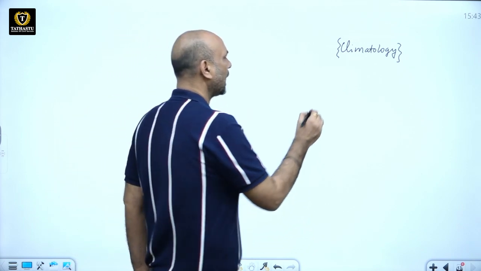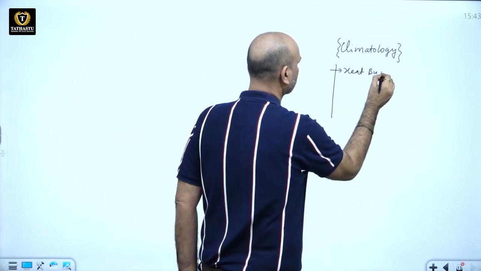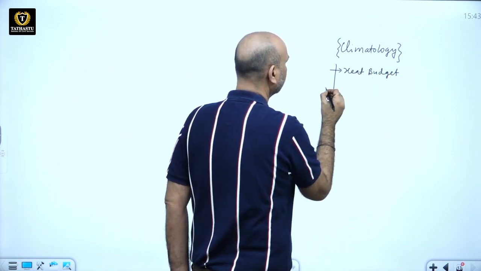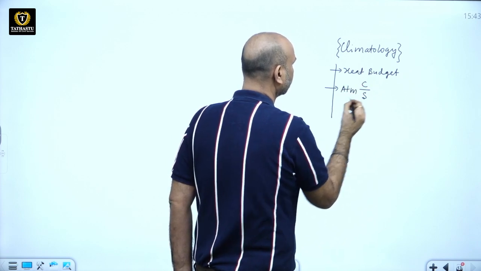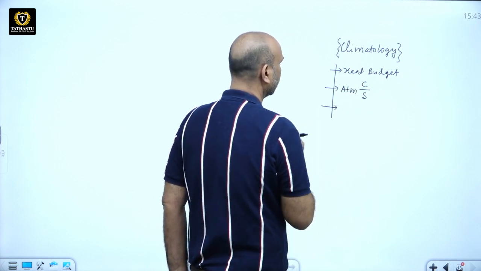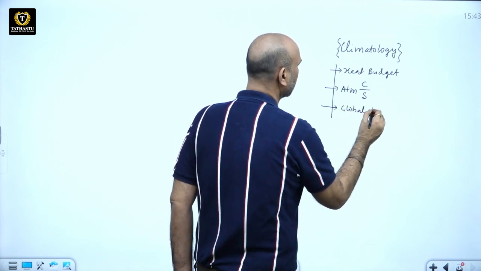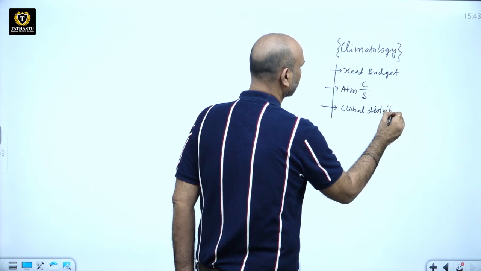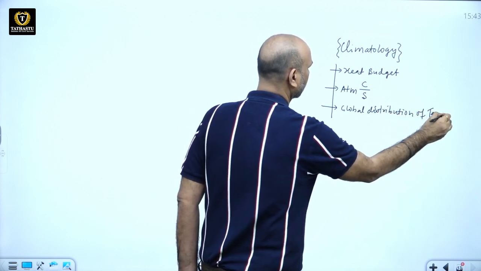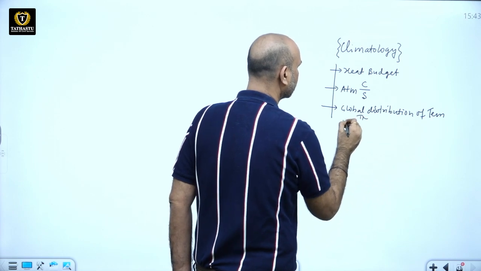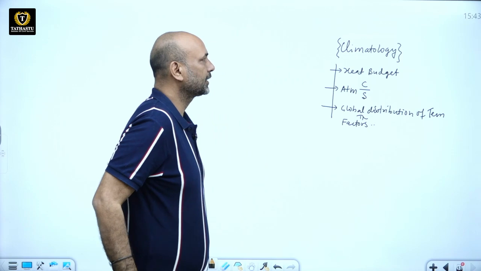We are going to start with the heat budget. Then atmospheric composition and structure, and then global distribution of temperature and the factors controlling global distribution of temperature.